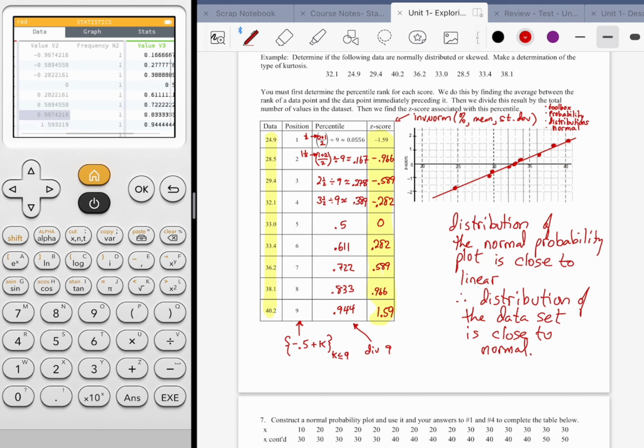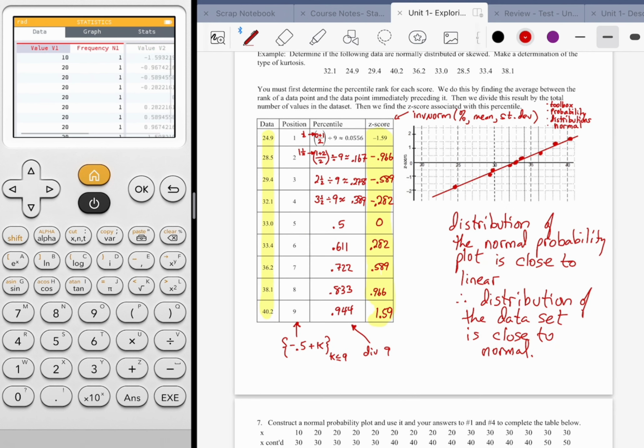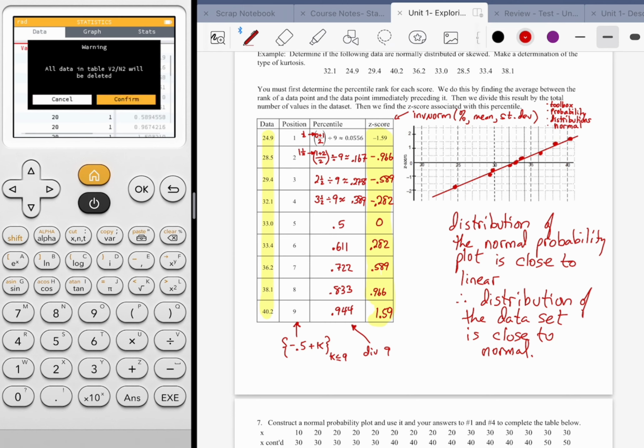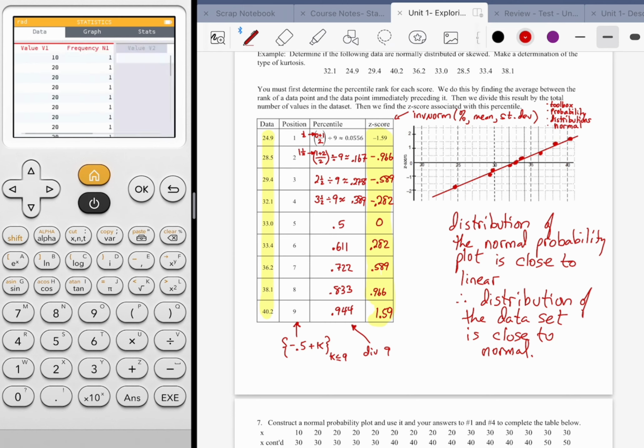Now, as far as the calculator is concerned, and when I say the calculator, I'm talking about the built-in functions. Let me clear this table V2, N2. I'm going to put the raw data in, and you'll see, spoiler, there's a normal probability plot option. Just get this data in here.